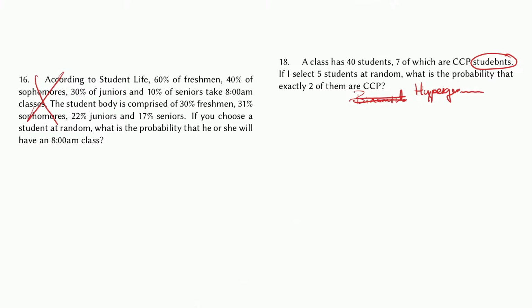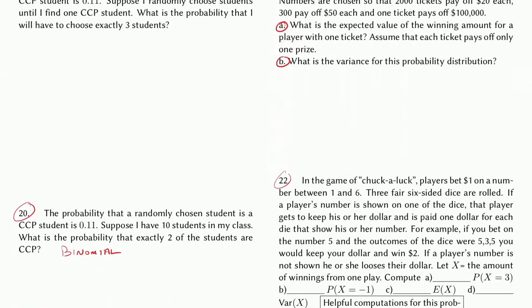The difference between number 20 and number 18 is, for one, I didn't spell students right in 18, but in 18, I have a fixed number, 40 students. 7 of them are CCP students, and I'm picking out of that group. For number 20, I have 10 students, and there's a 0.11 chance that each is a CCP student, independent of all the others.